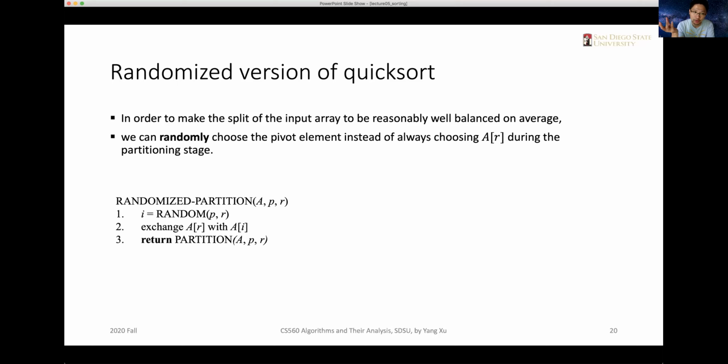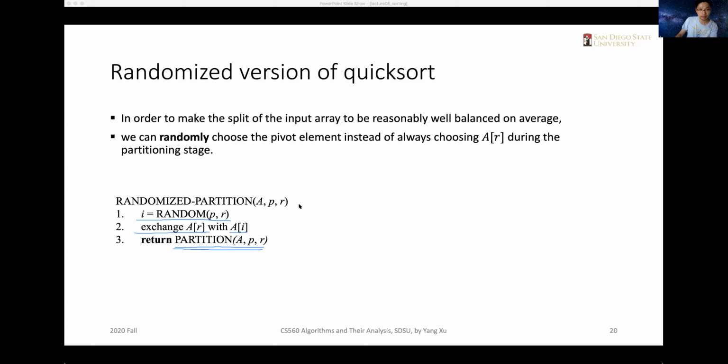For example, we can define this randomized partition procedure, which basically chooses a random index between P and R, and then we exchange the elements A[R] and A[i], and we return the result of the original partition procedure.